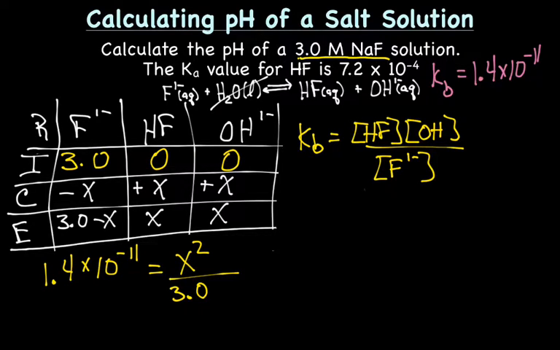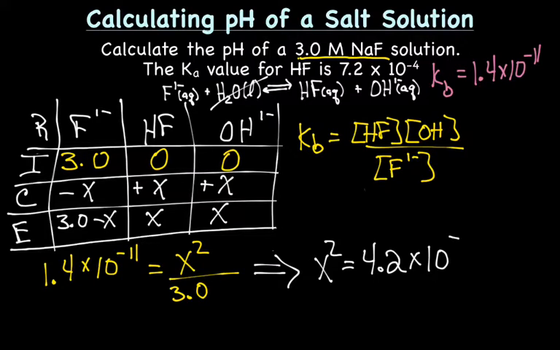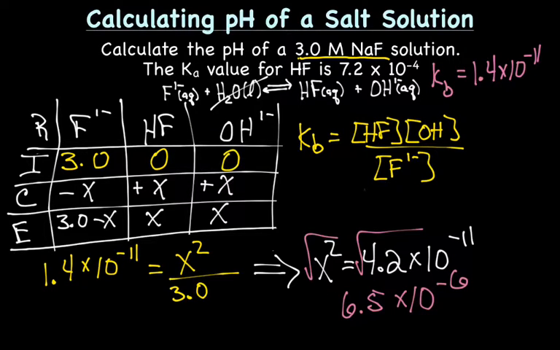So now let's solve for X. We have X squared equals 4.2 times 10 to the negative 11th. And if we square root both sides, we get 6.5 times 10 to the negative 6th.